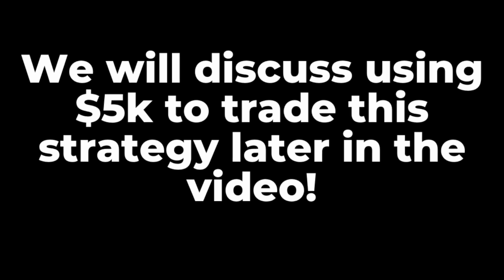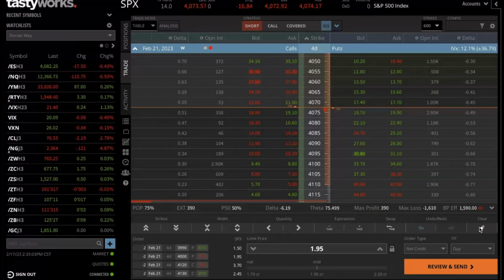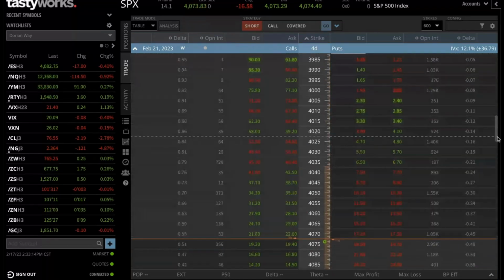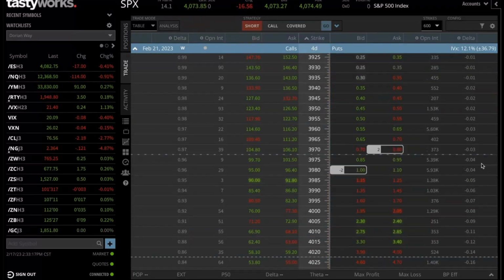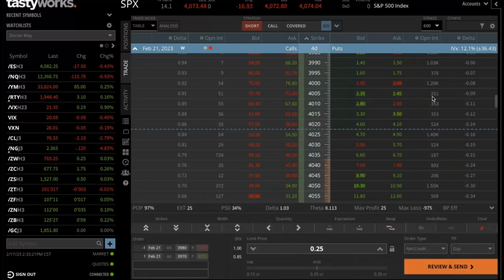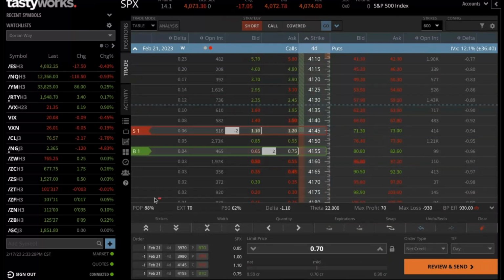We did this exact type of rollout when we had to roll out this morning. We went from 1 contract to 2 contracts, kept it 10 points wide. You can see that that's a 6 delta right now on the call side, and then this is a 4 delta on the put side. So if we want to see how much our probabilities would be if we were putting on this trade right now, you can see that if things work out, I mean, it should, based on these probabilities, we have an 88% chance of winning at expiration on Tuesday when we come in.